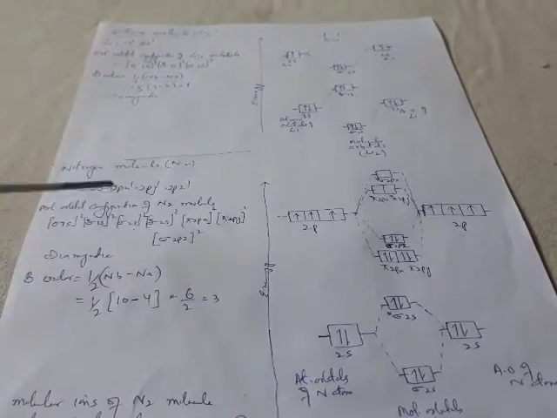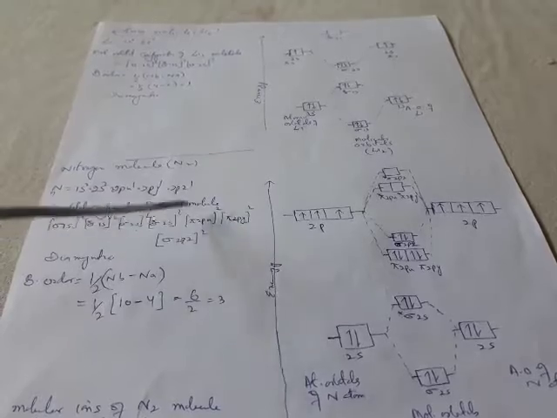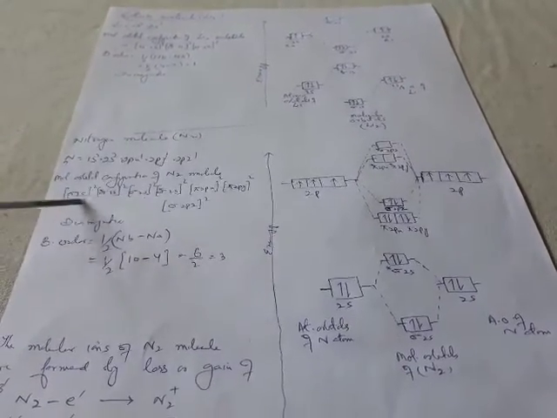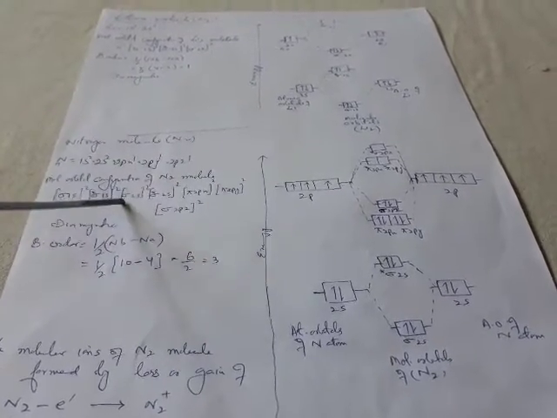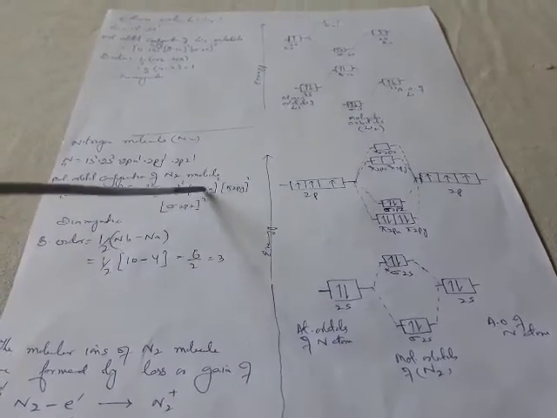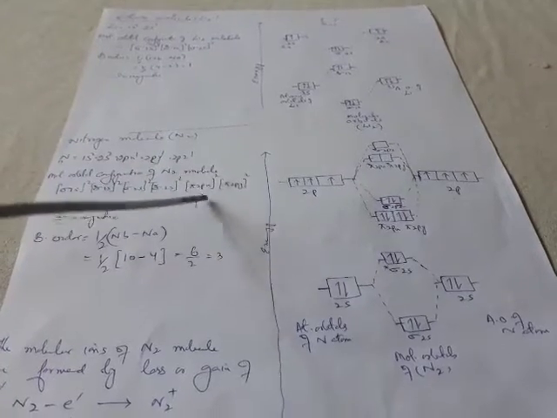Now this molecular orbital configuration of the nitrogen molecule can be shown as you can see over here. This is the K shell, that is sigma 1s2, sigma star 1s2. Then you get sigma 2s2, then sigma star 2s2. Then you get pi 2px2, pi 2py2, and sigma 2pz2.